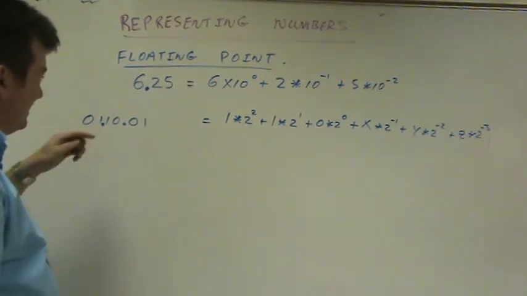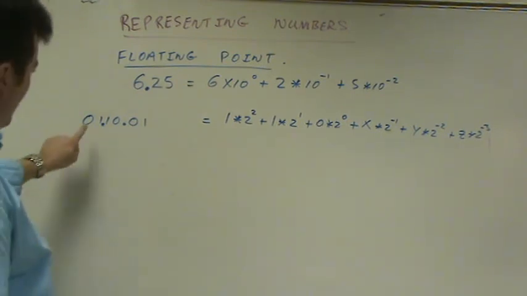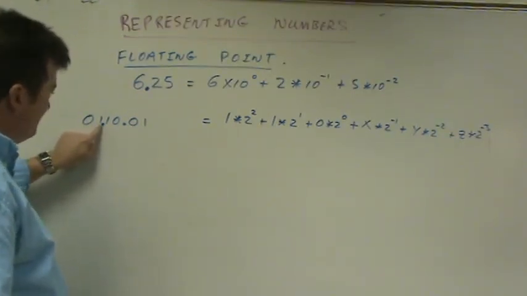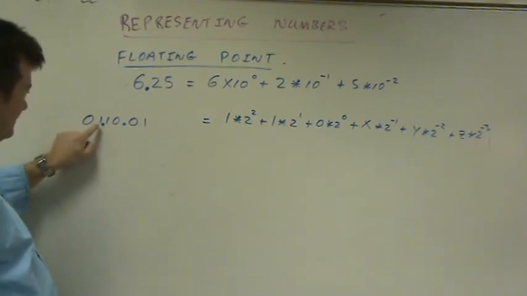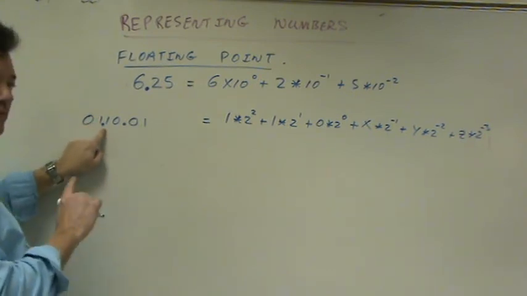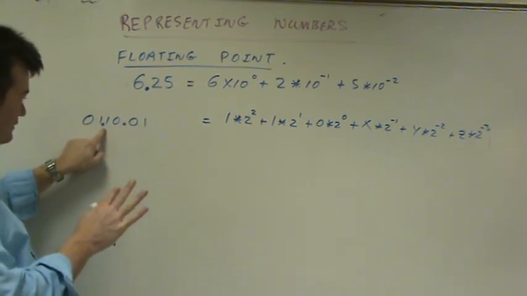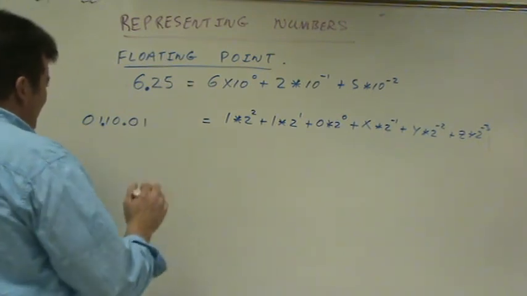Then, because they wanted to save space, they decided, we know the first bit is going to be a 1, because the decimal got moved until it was right before the first 1. So we know there's a 1 there, right? So what they could have done was this.